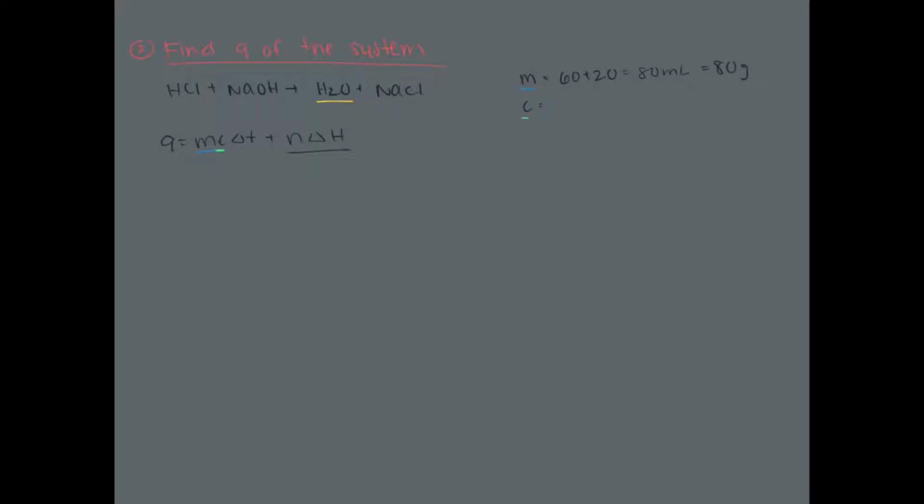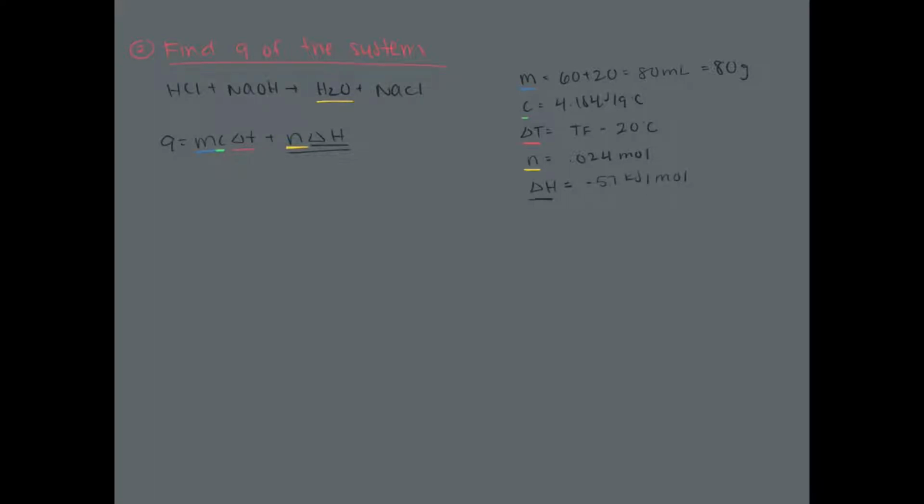Our specific heat of water is 4.184 joules per gram degrees Celsius. Our change in temperature of water is going to be Tf, which we're solving for, minus our initial temperature, which is 20 degrees Celsius. Our moles of water we found from the last step, 0.024 moles. And our enthalpy of neutralization is given as negative 57 kilojoules per mole.